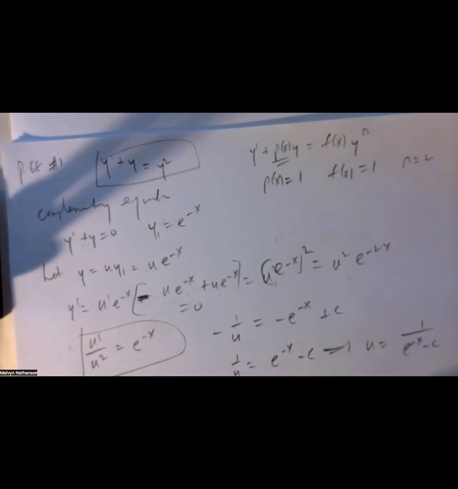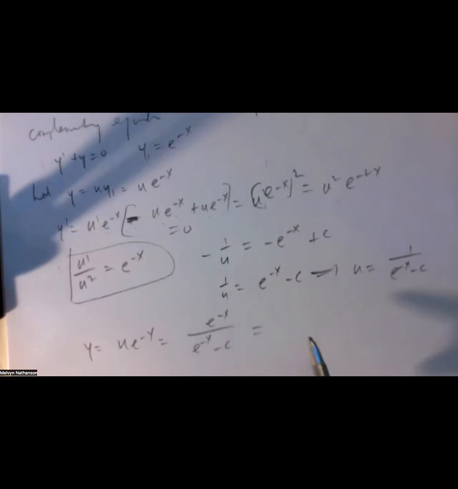So I multiply this, I get e to the minus x over e to the minus x minus a constant. Or I can multiply the numerator and denominator by e to the x, and I get 1 over 1 minus c e to the x. And that's the solution.